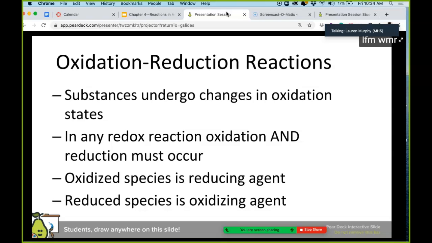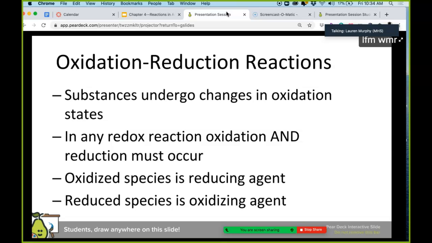Okay. What's interesting is that if you're a species that is reduced, you're called the oxidizing agent. And if you're the species that's oxidized, you're called the reducing agent. The reason is that the substances are transferring electrons. One thing is losing them and the other one's taking them.